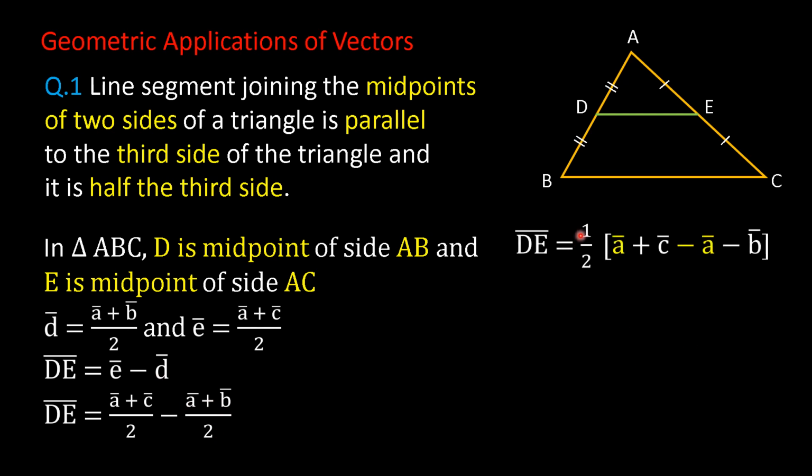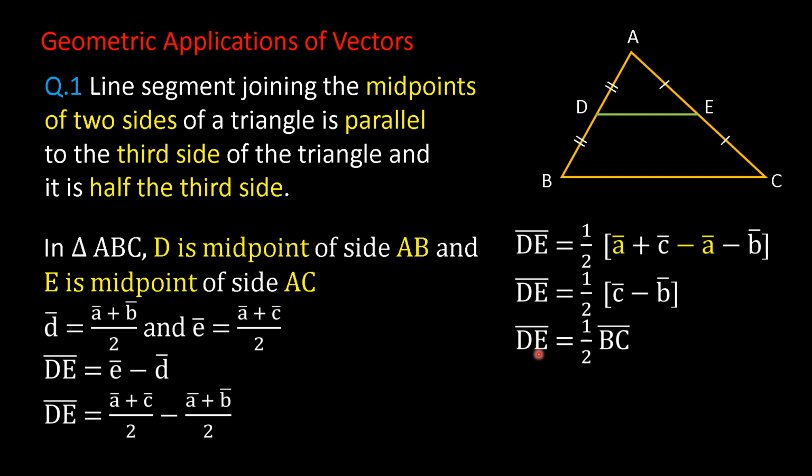DE bar will be half times (A bar plus C bar minus A bar minus B bar). A bar cancels with this A bar, so DE bar is half times (C bar minus B bar). But C bar minus B bar is BC bar, so we get DE bar equals half BC bar.